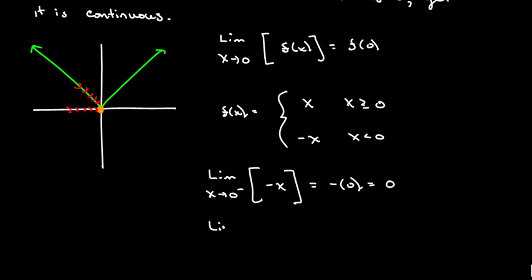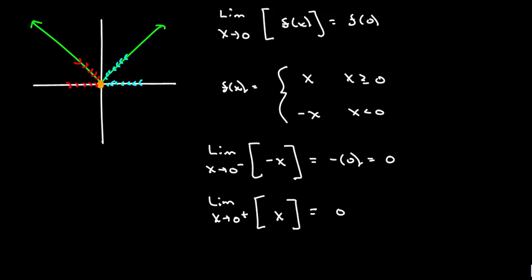Now as we come in from the right side, what is the function doing? Well, the function is also approaching 0. Since we're only looking at x values over here that are positive, we get to use this piece. Again, this is a continuous function, and evaluating it at 0 gives us 0.